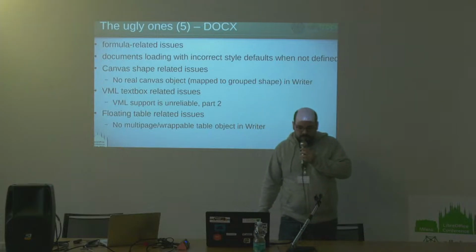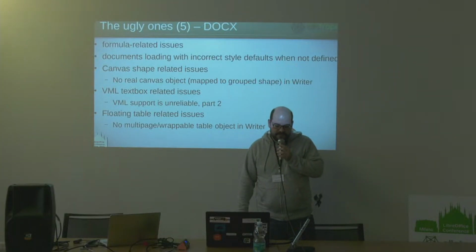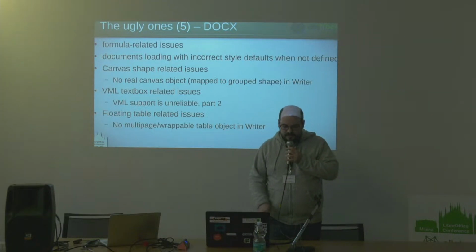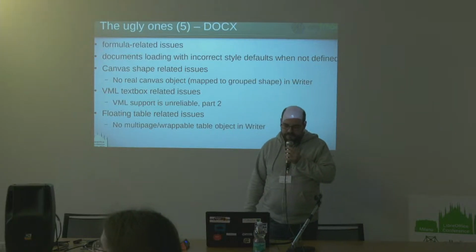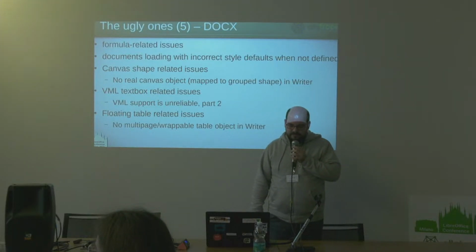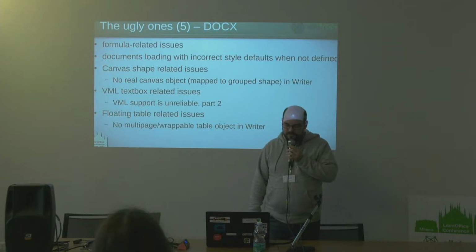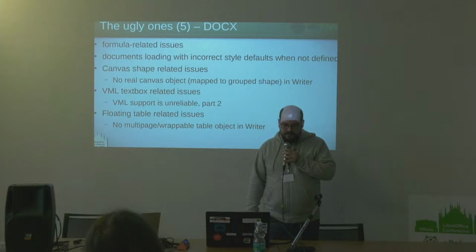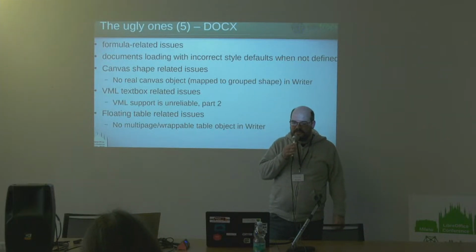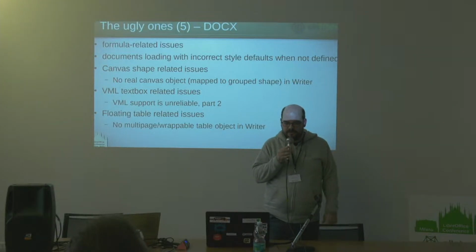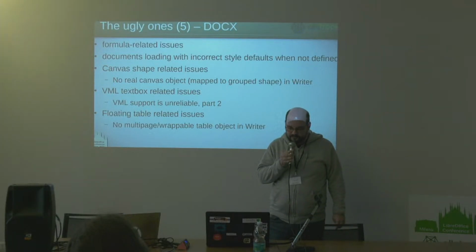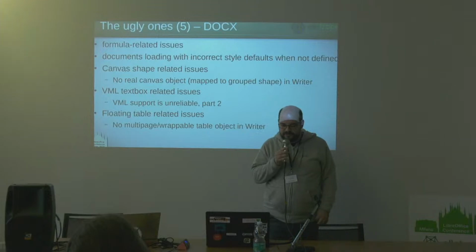So, last slide is the ugly categories. Again, VML and the fact that we don't have a canvas shape in docx. So that is another reason for very detailed and carefully crafted graphics to fall apart in Writer when they were put on this canvas shape, whatever that is.